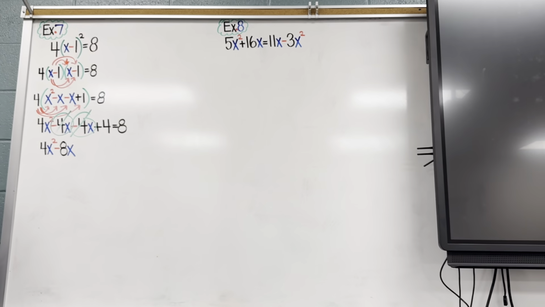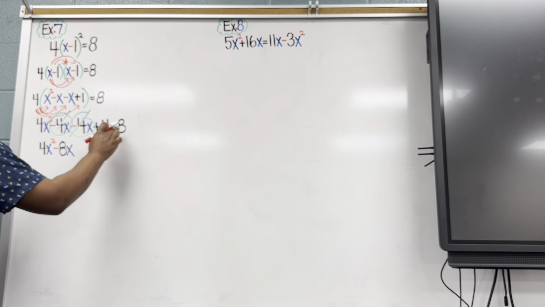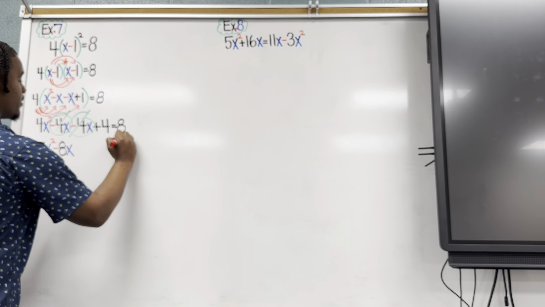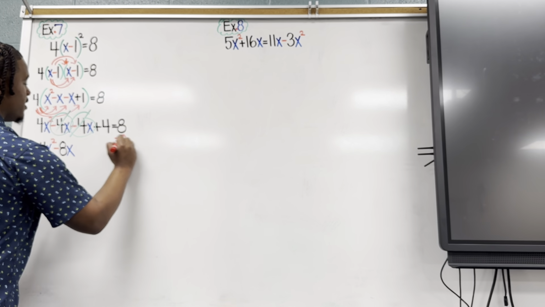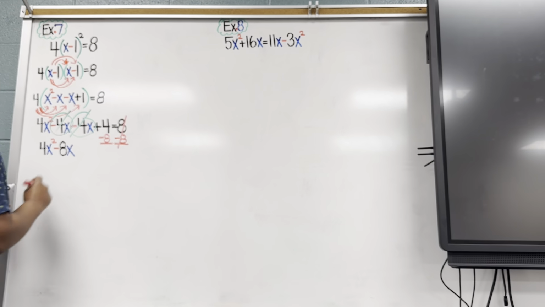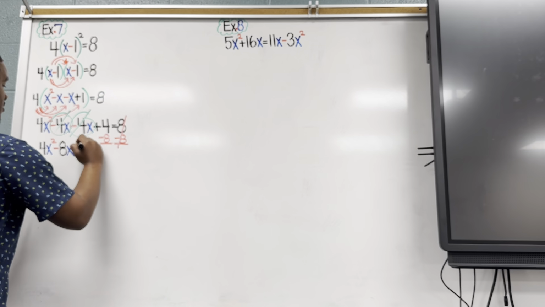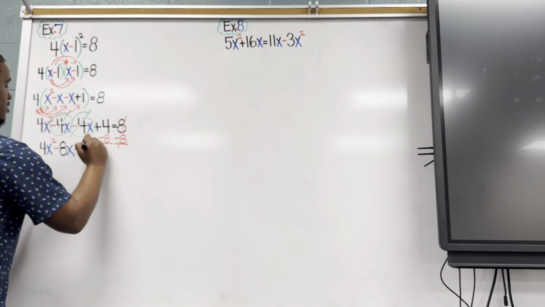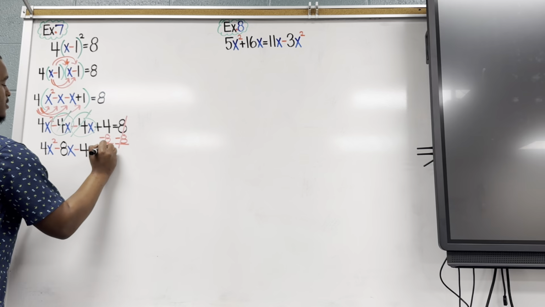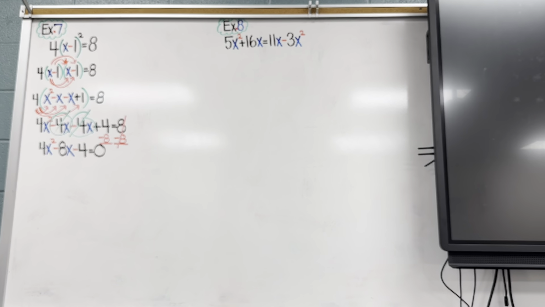Then I can move this 8 over here. In order to do that, I have to subtract 8 from the 4, and 4 minus 8 is negative 4, so it'll be minus 4, equals 0.